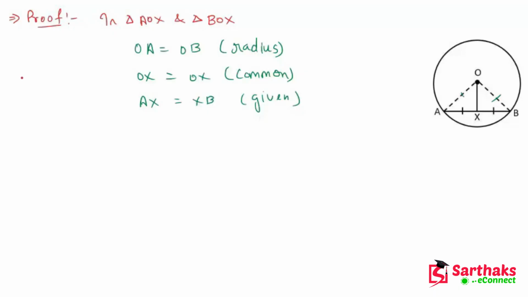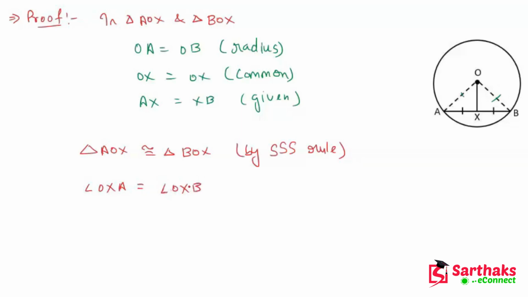So we can say that triangle AOX is congruent to triangle BOX by the SSS rule, side side side. So we can say angle OXA is equal to angle OXB, this angle is equal to this angle, by CPCT.